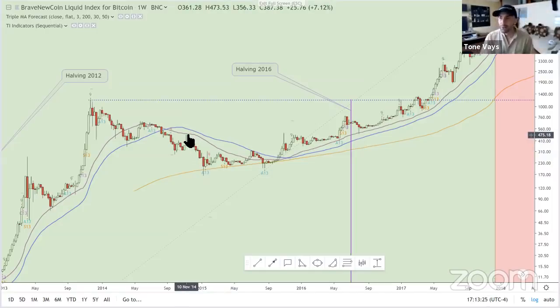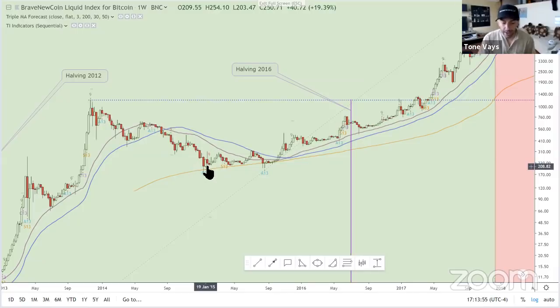But even if I'm wrong, even if we did bottom, like we did in January of the last bear market, there were still one or two significant pullbacks that allowed you to buy Bitcoin at the same exact price if you were good at timing that low.